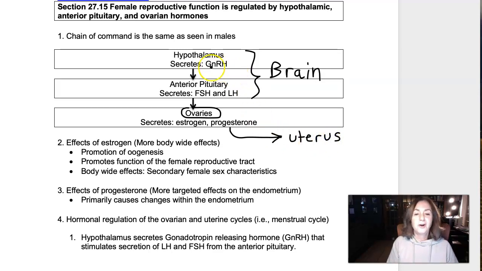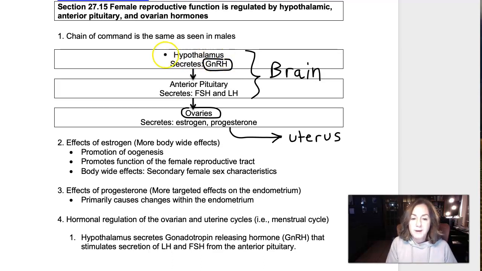So looking at this chart quickly one more time, and then I'm going to go on to a different chart. The hypothalamus is right above the anterior pituitary. They're anatomically connected together. We'll look at that in about 2 weeks. The hypothalamus releases many different hormones. The one that we care about today is gonadotropin-releasing hormone, or GnRH.